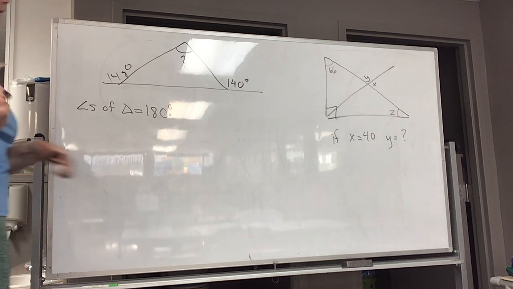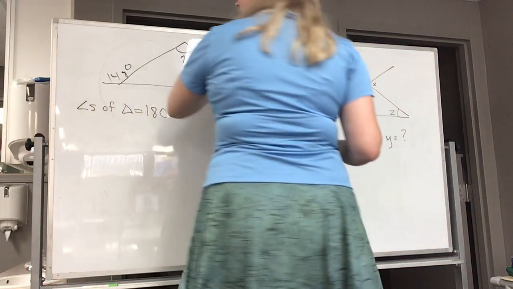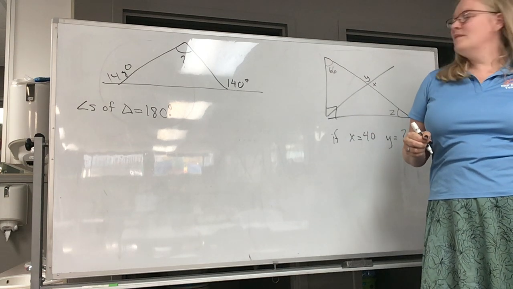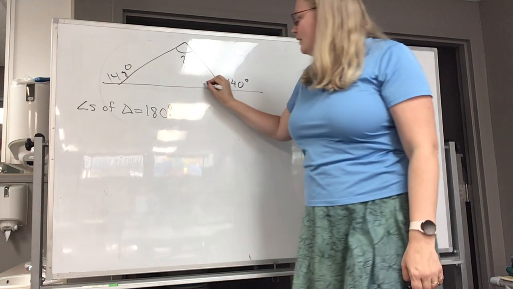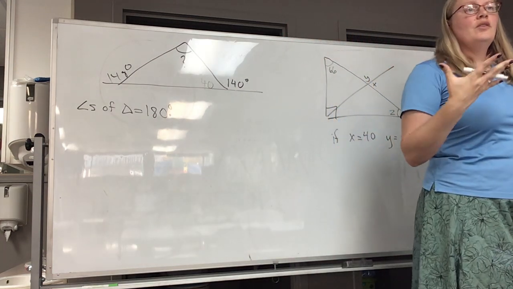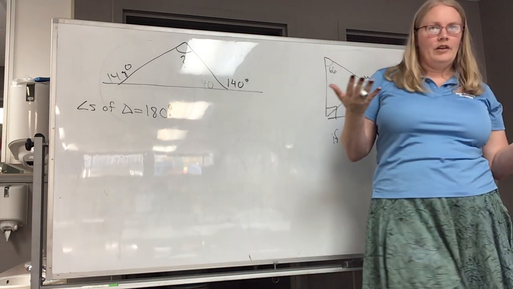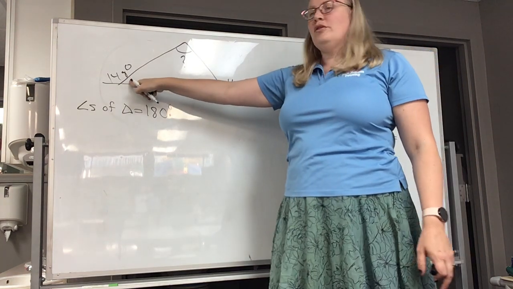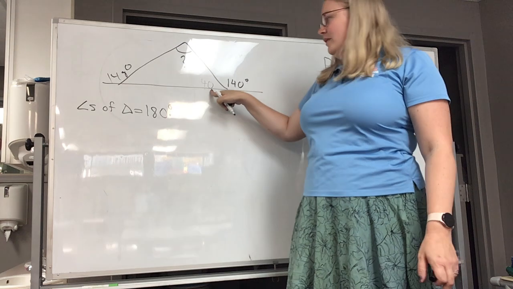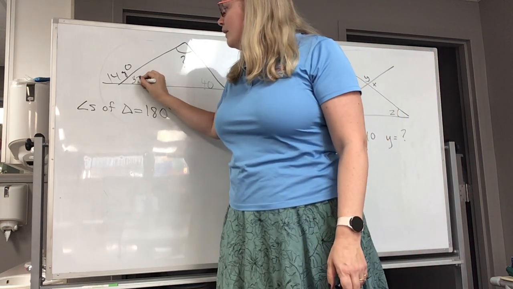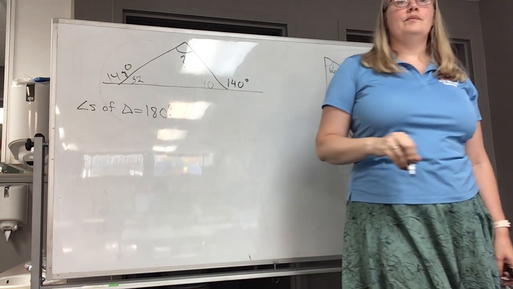All right. This one's 140. What is this angle? 40 degrees. Good. And you can use the mental math shortcut. You can type it in the calculator as well. But if this one's 40, this one's 148, this is 8 more, that means that this has to be 8 less. And so this one is going to be 32.